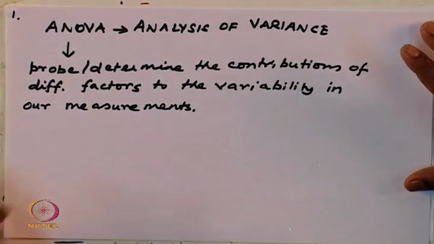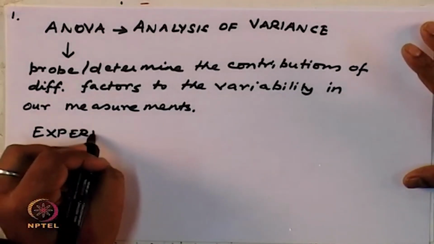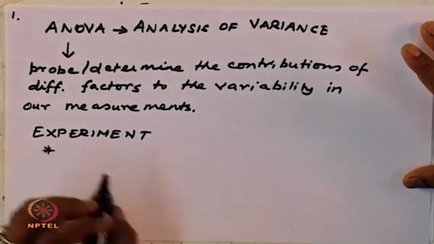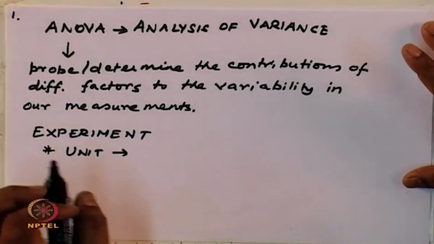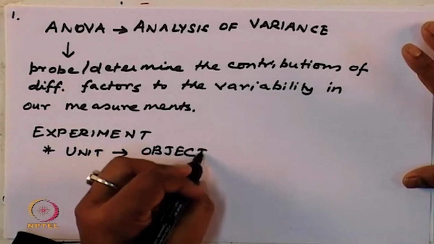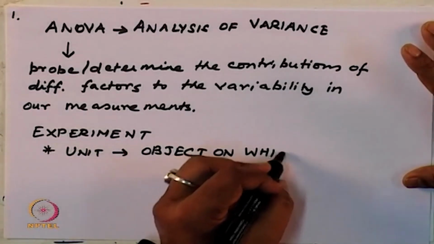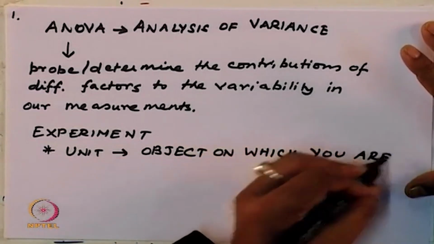So, when you do an experiment, you have the experimental unit, which is the object on which you are doing your measurements.